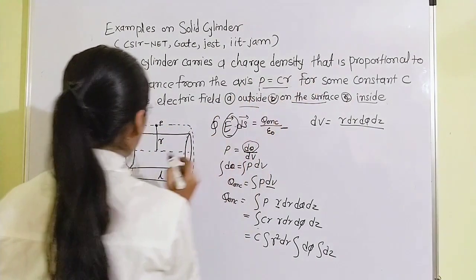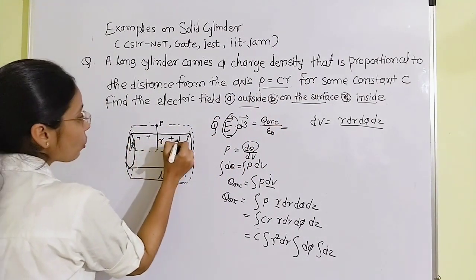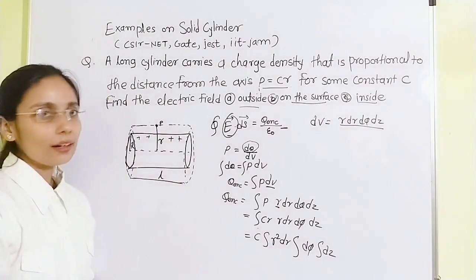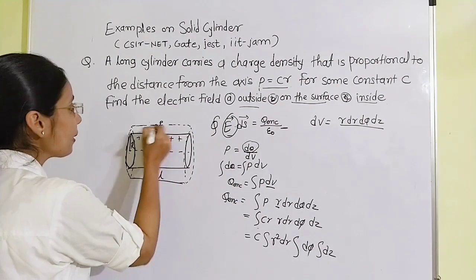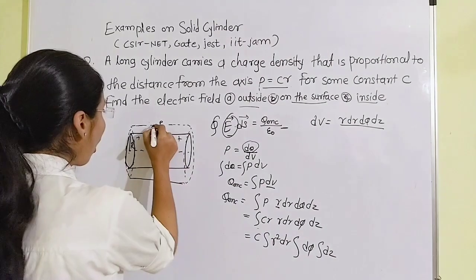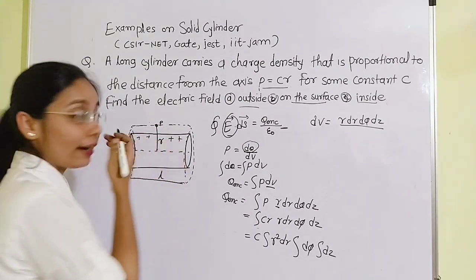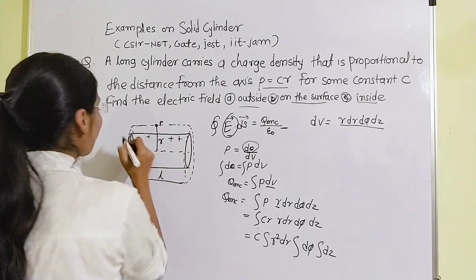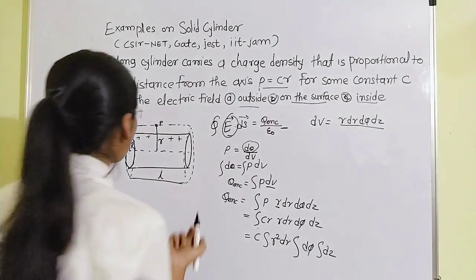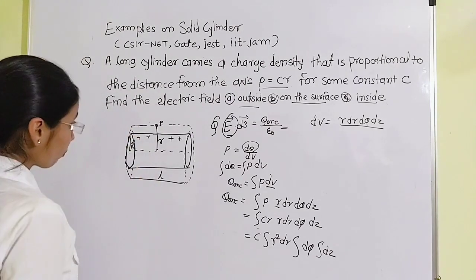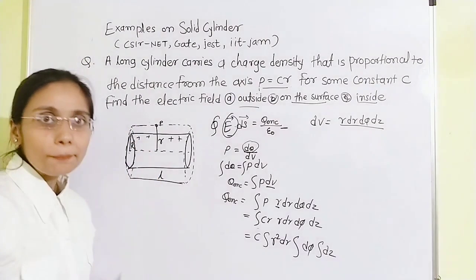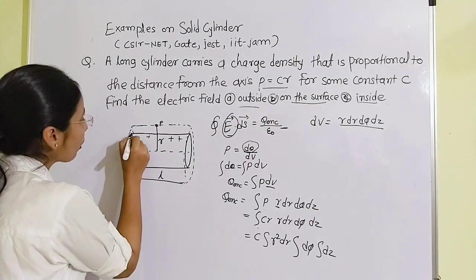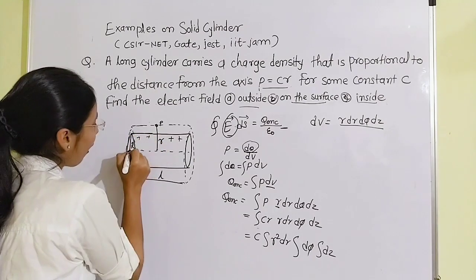Charge density is present in the cylinder, so we have to take the limit of this when we calculate the electric field outside of this cylinder. When you have to find the outside electric field for any symmetric body, sphere, cylinder, anything, we have to take the limit of the body, the cylinder. So up to here the distance is r.